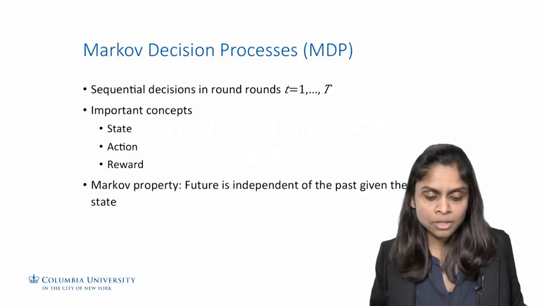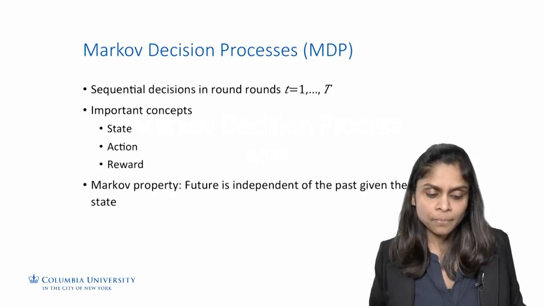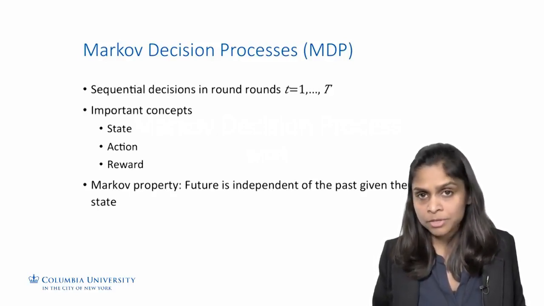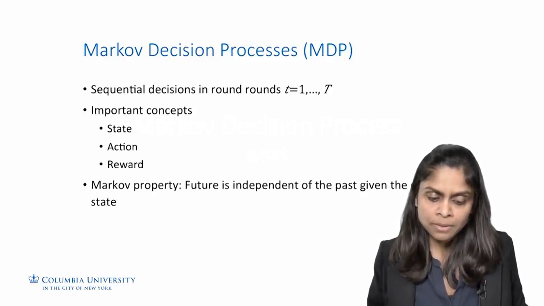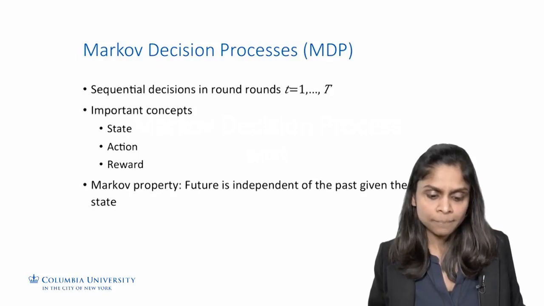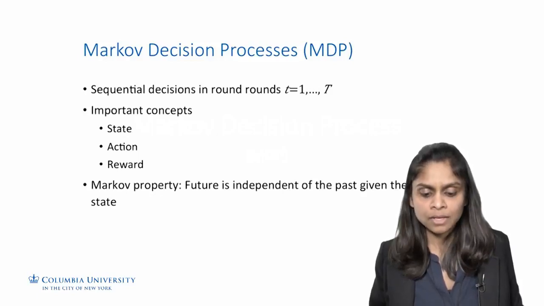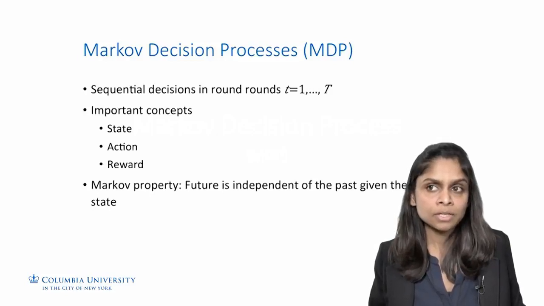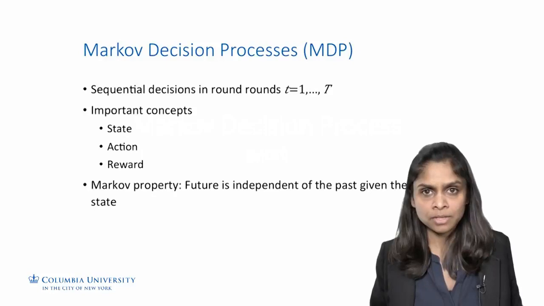However, when the robot is still in a standing position, the same aggressive action may make the robot fall, and therefore it's not a good action. A defining property of MDPs is the Markov property, which essentially says that the future is independent of the past given the current state. This effectively means that all the relevant information in terms of determining the future reward and future states is captured by the state of an MDP.